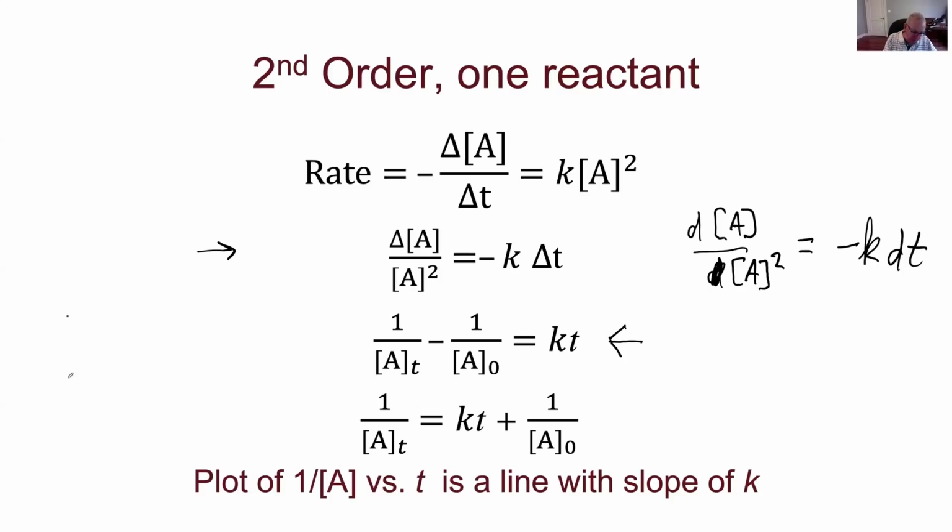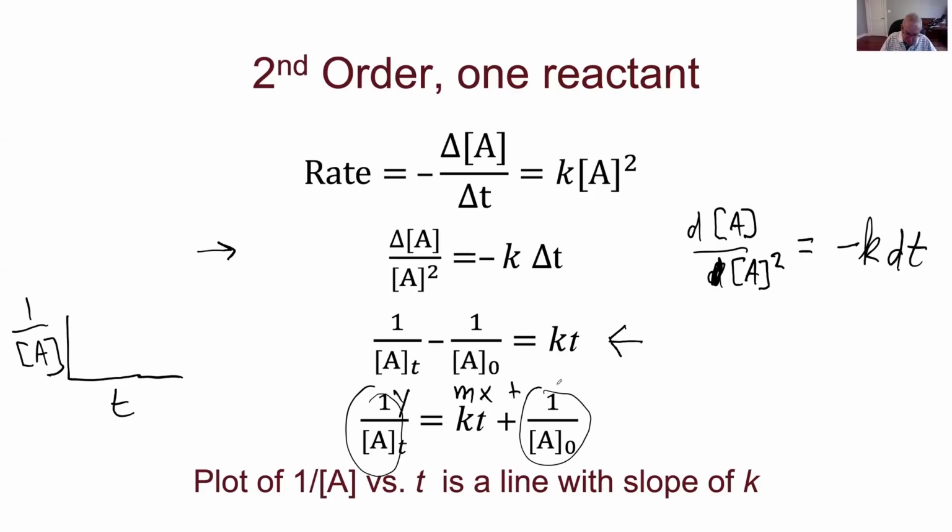That one says if I plot 1 over the concentration of my reactant versus time, that should be a straight line, because now again, this piece is y, this is m times x, and this is b. A is the reactant, so concentration of A is going down. That means 1 over A is going up. So this is a line like this, and the slope is equal to k.